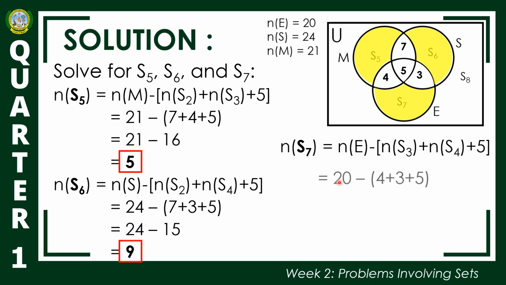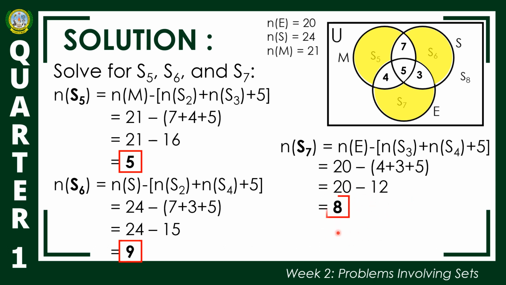So, that is 20 minus the sum of 4, 3, and 5. And the sum of 4, 3, and 5 is 12. 20 minus 12 is 8, meaning there are 8 elements in S sub 7. So, ilagay po ulit natin yung nakuha nating values sa ating Venn diagram.